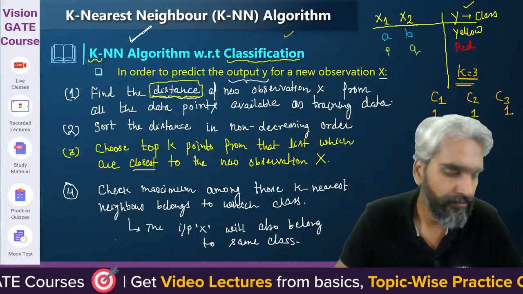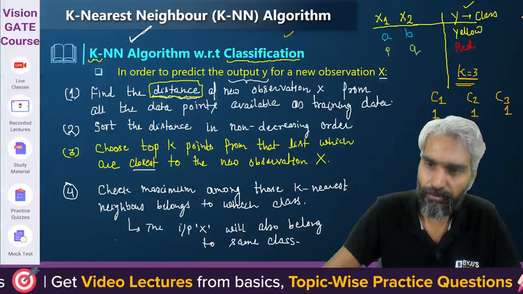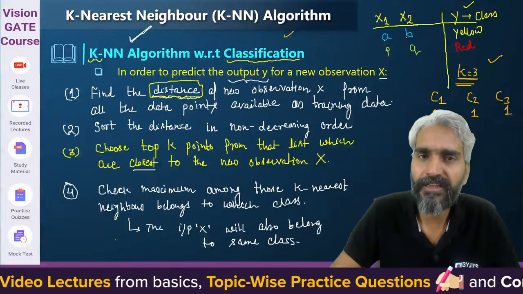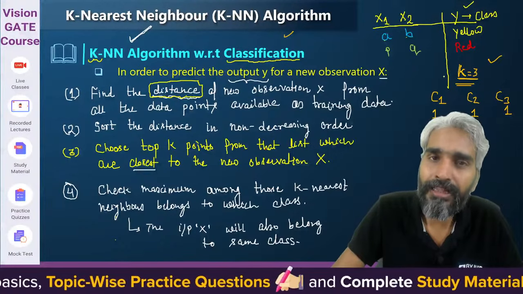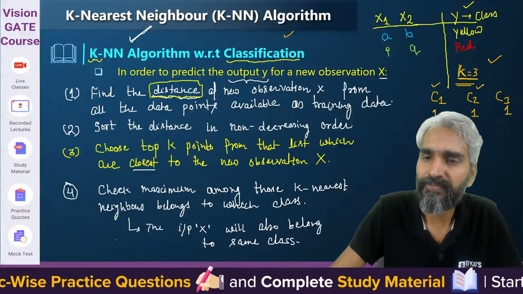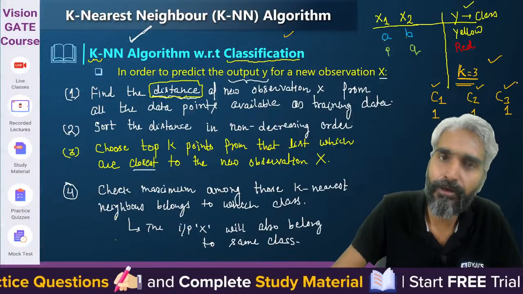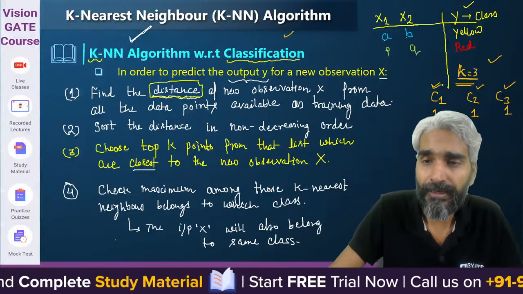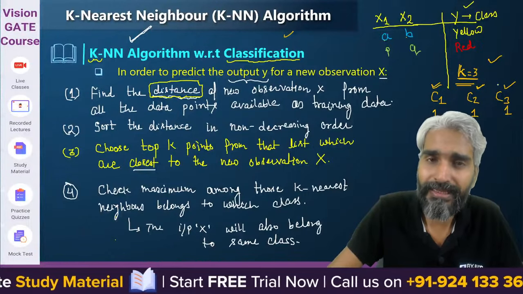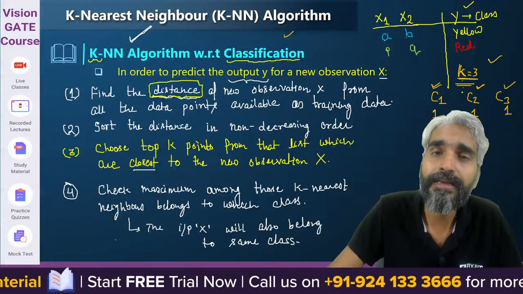Fanto, I believe that you are talking about a classification problem, where the value of k is 3 and all three neighbors belong to three different classes. Then what will we do? In that case, you can either increase or decrease the value of k.